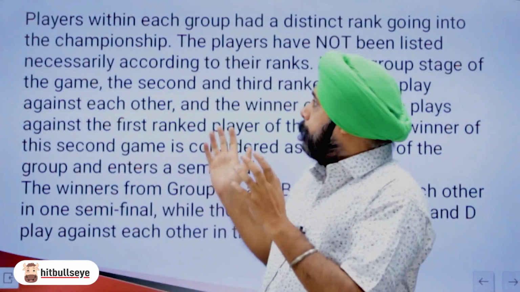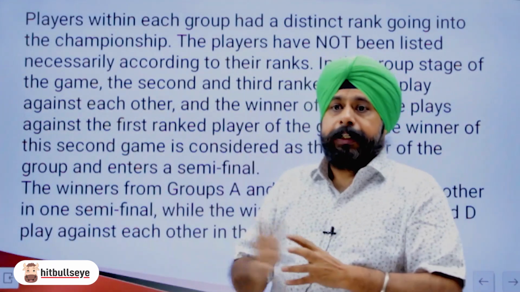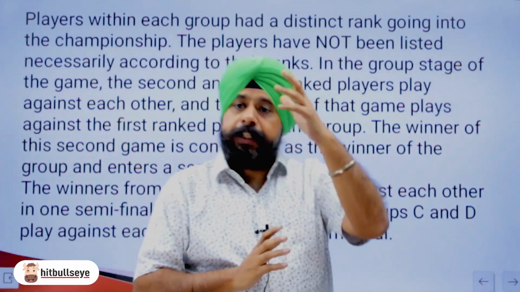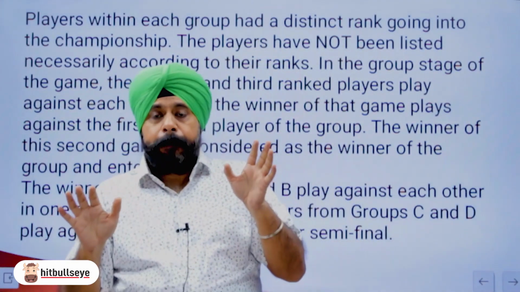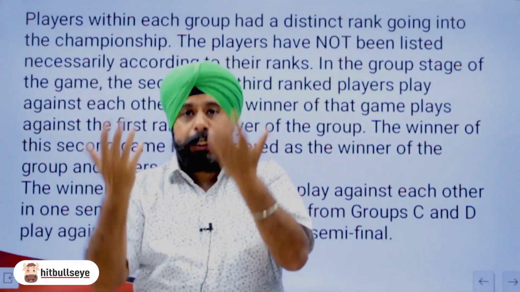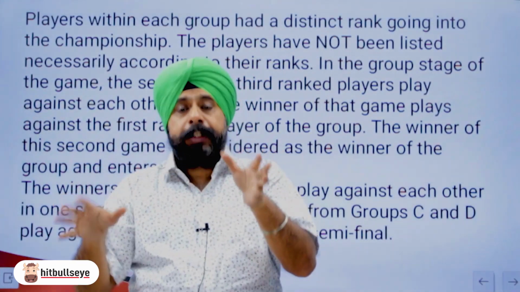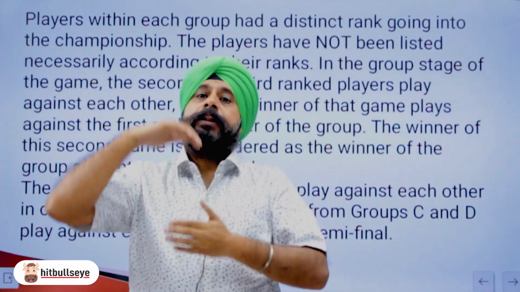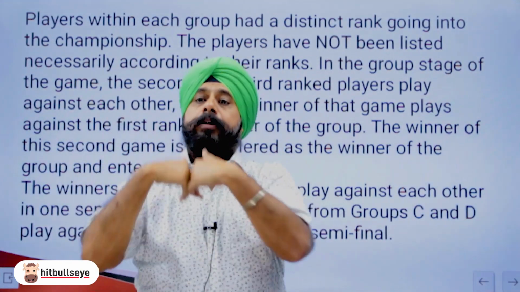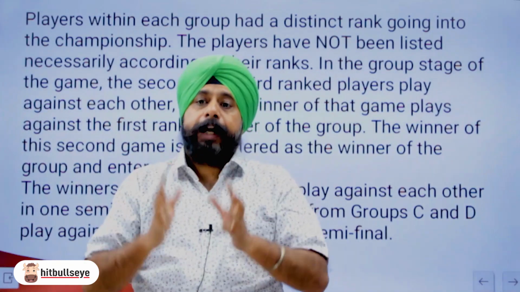Then people, if you read the directions, you can pause the video and see it. He says at every group stage, there are 3 ranks which are not defined. So 2 players play, which are the second and third ranked of that group, which is not given to us. The winner of that match plays with the number 1 ranked player of that group, and the winner of that goes to the semi-final and so on.